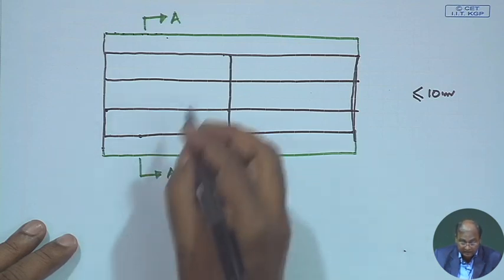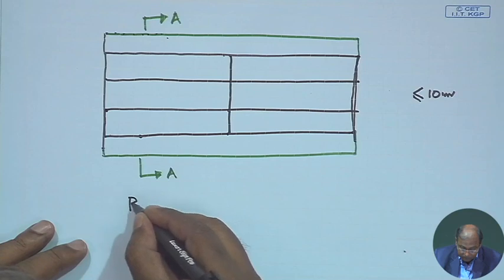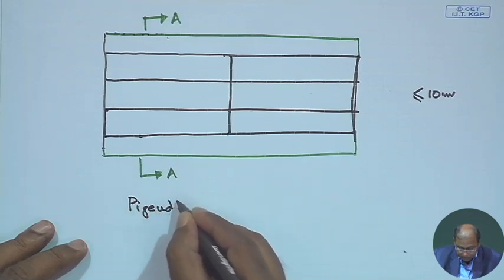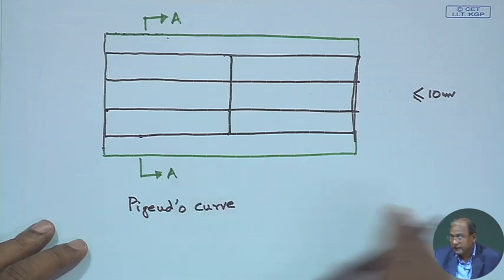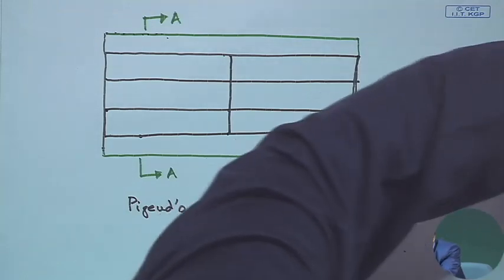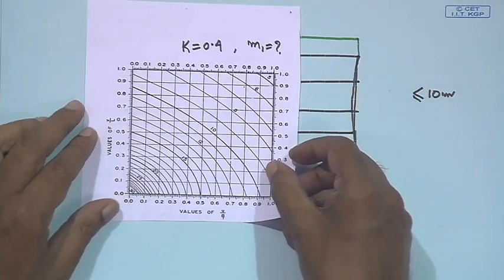Now, this design of slab, as I have told you earlier, we do by Pigeaud's curve, what I have told earlier. Just once more I shall repeat, this type of curve we get here.